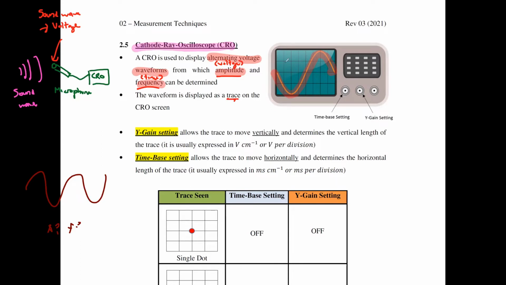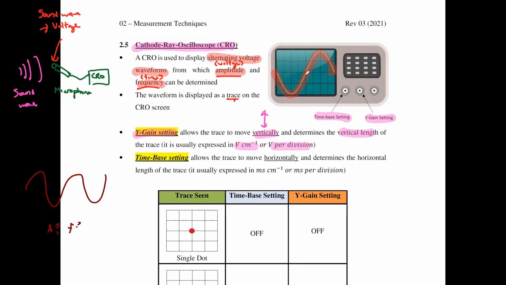Now, for your CRO, there are two important settings to know: the time-based setting and the Y-gain setting. The Y-gain setting allows your trace to move vertically, and it determines the vertical length of the trace. It allows your trace to move up and down, and it's usually expressed as volts per centimeter or volts per division.